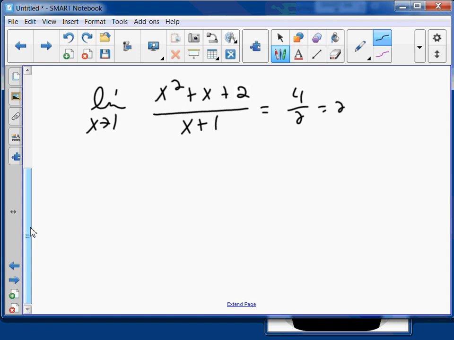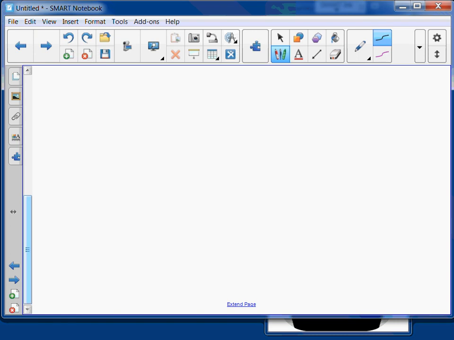Now, let's try this one. The limit as x approaches 1 of x cubed minus 1 over x minus 1. So we have the limit as x approaches 1 of x cubed minus 1 over x minus 1.